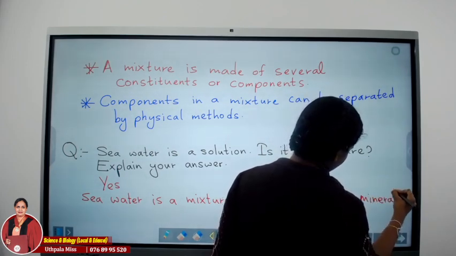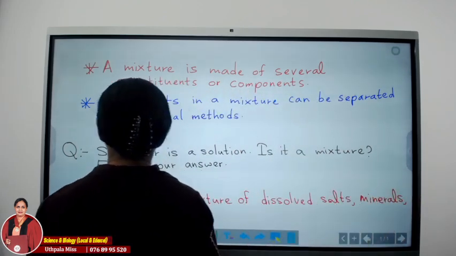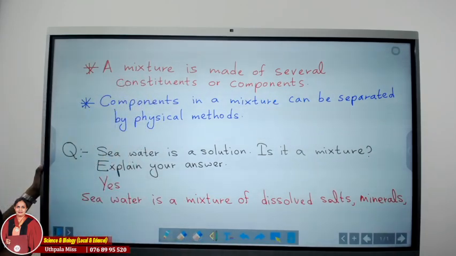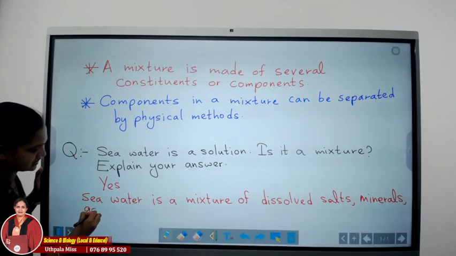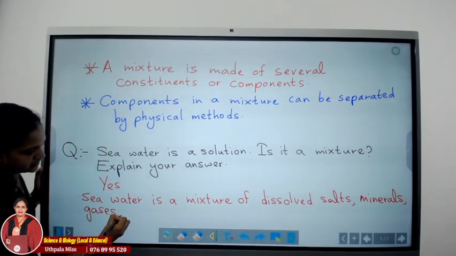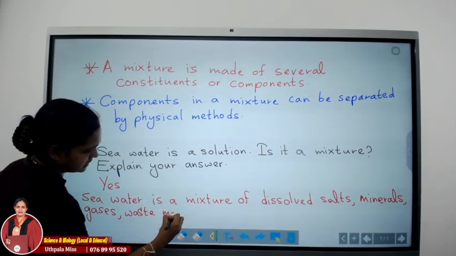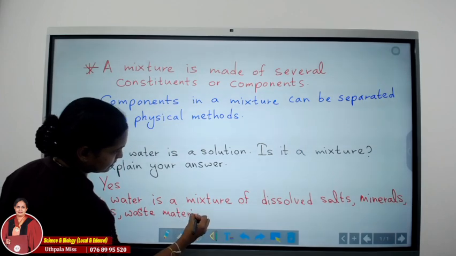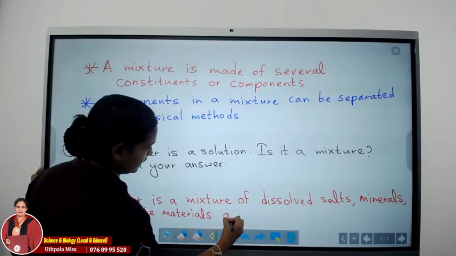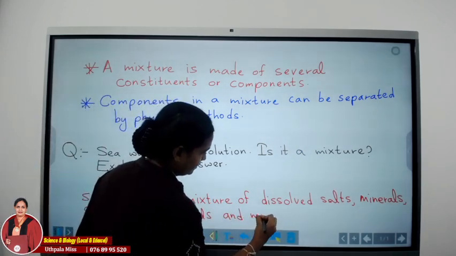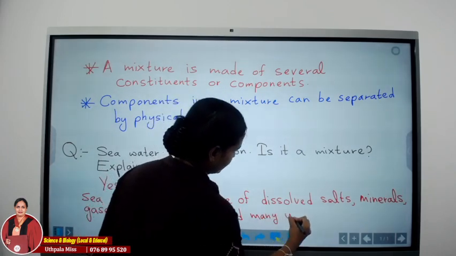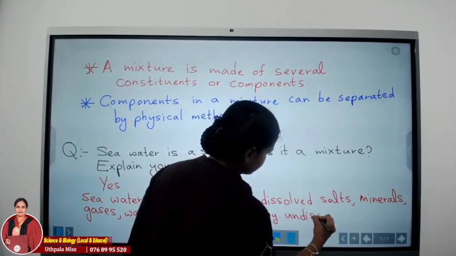Yes, teacher. Right. Seawater is a mixture of dissolved salts, minerals, gases, waste materials, and many undissolved substances.